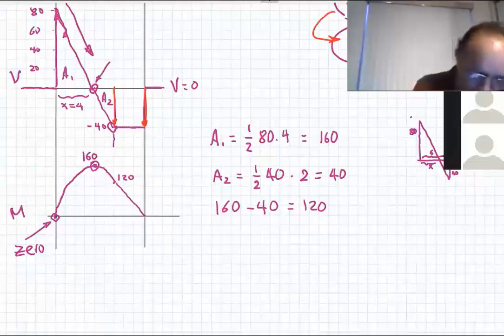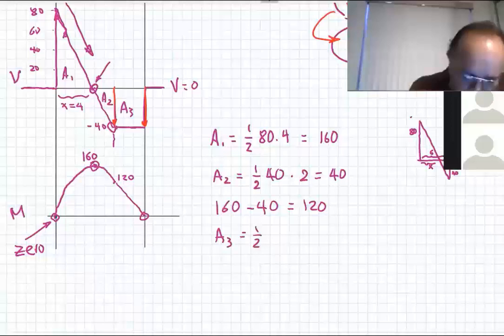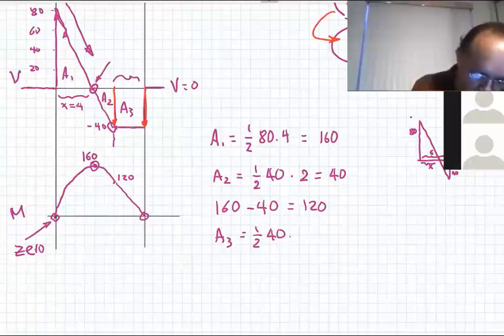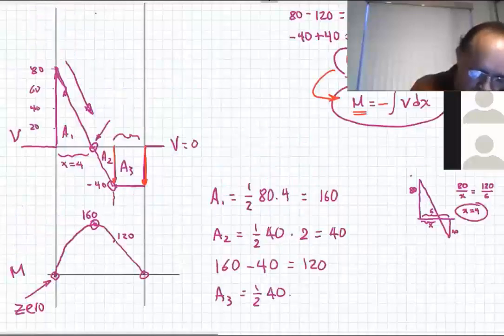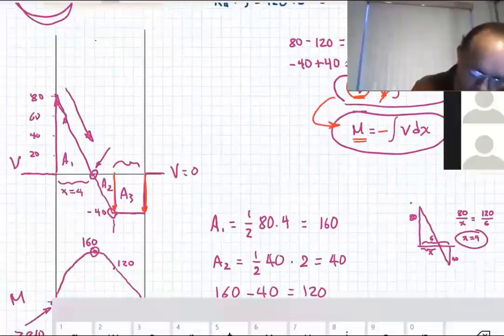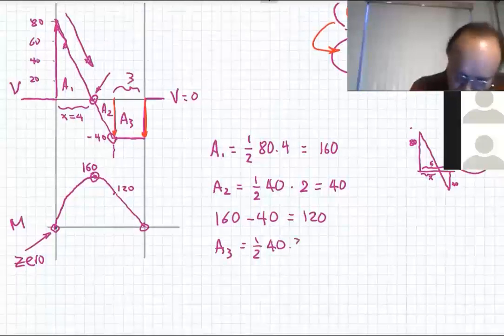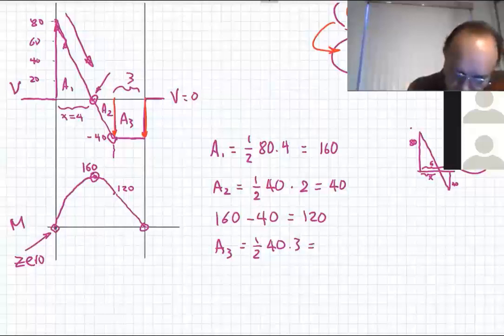And then just to confirm, area 3 has to be 120 because it has to be close to 0. Area 3 is equal to 1/2 of 40 times, what is this distance? 3 meters. So this is equal to 20 times 3.